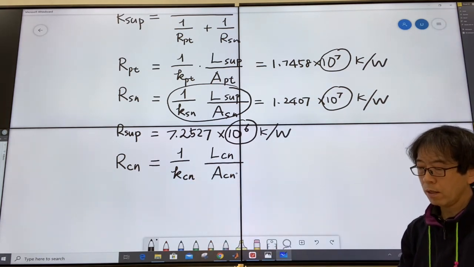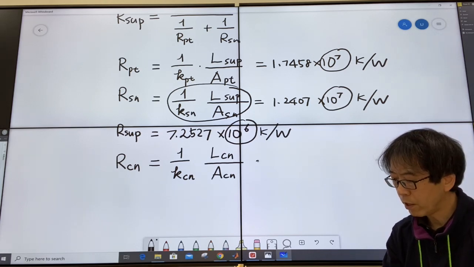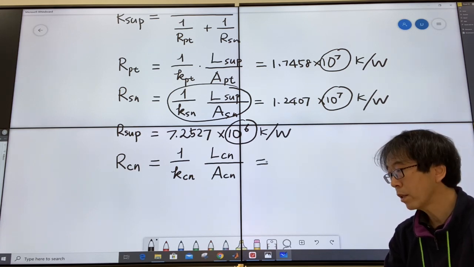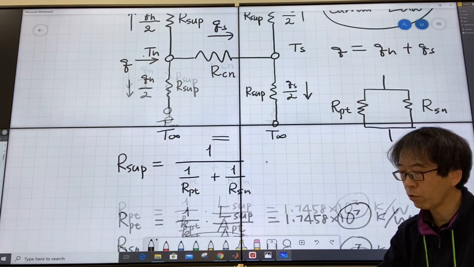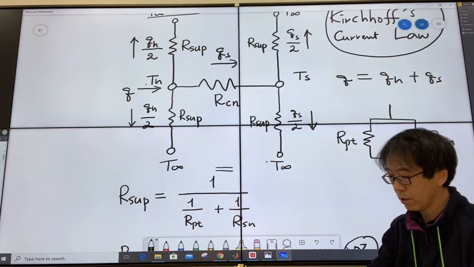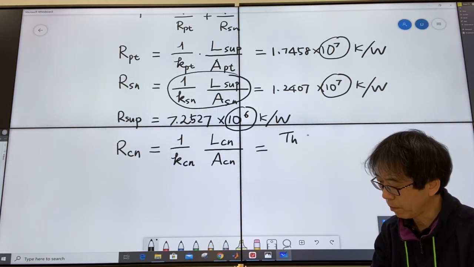Okay, and by definition, resistance is voltage divided by current. What plays the role of the voltage? Yes, temperature difference. What is the temperature difference? The temperature difference between the left hand side and the right hand side: TH minus TS, right? So TH, we don't know, by the way.